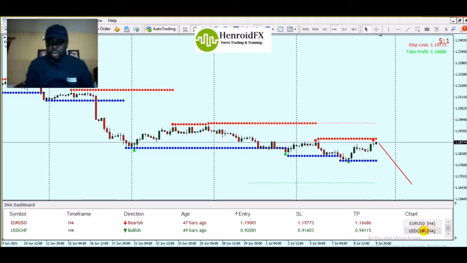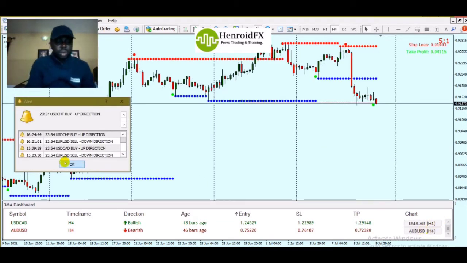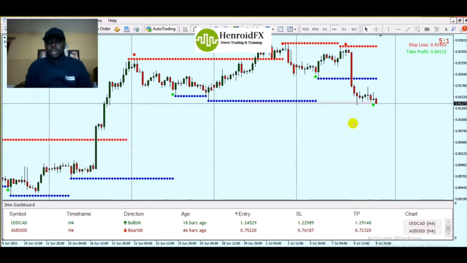Let's see the US dollar Swiss franc currency. As it stands right now, it advises us clearly to go bullish, because it's on a bullish trend. As you can see, up to this point here, it's on a bullish trend.